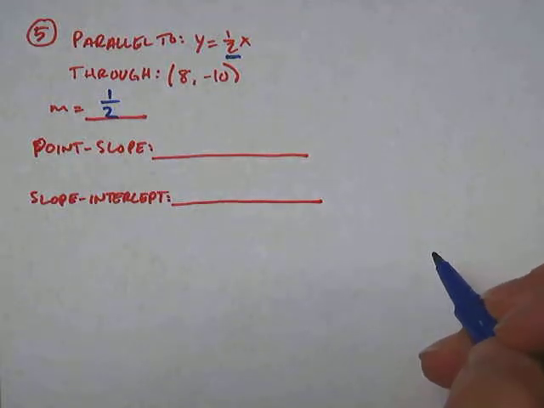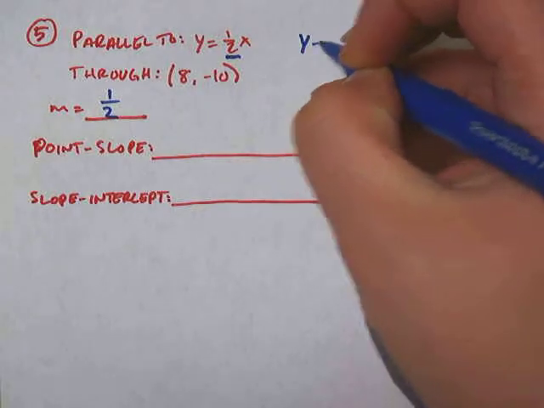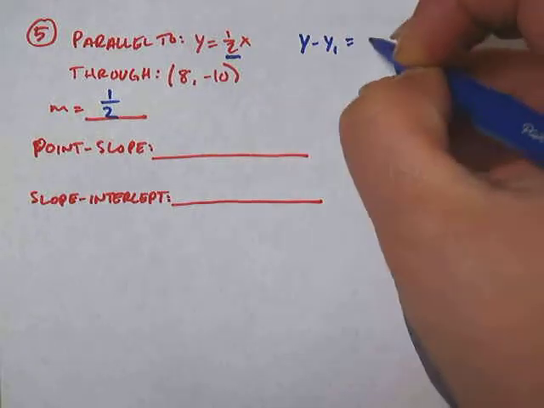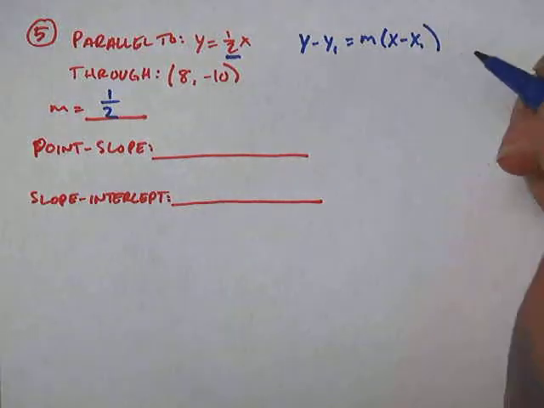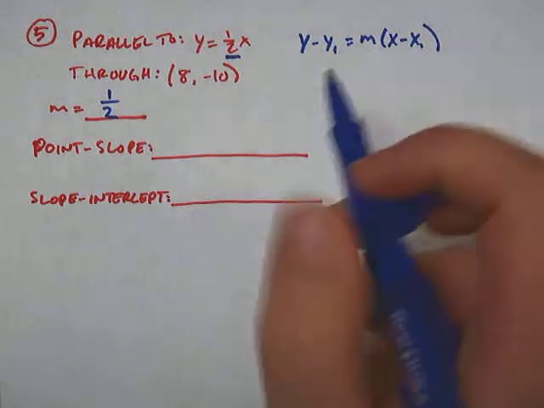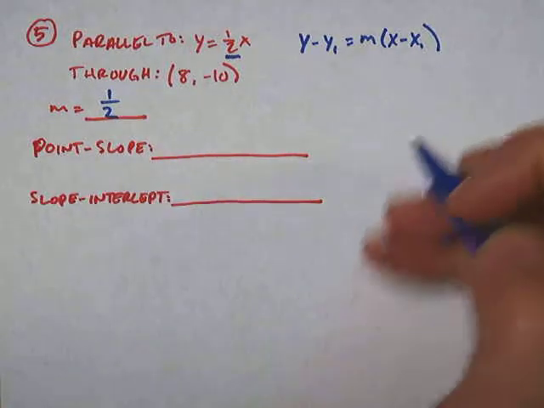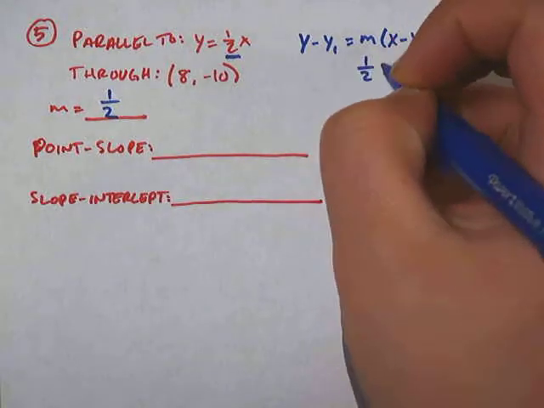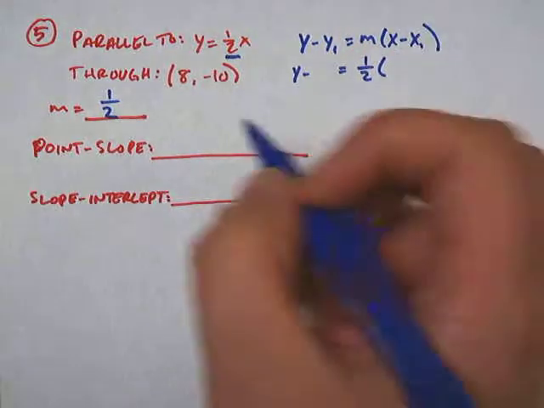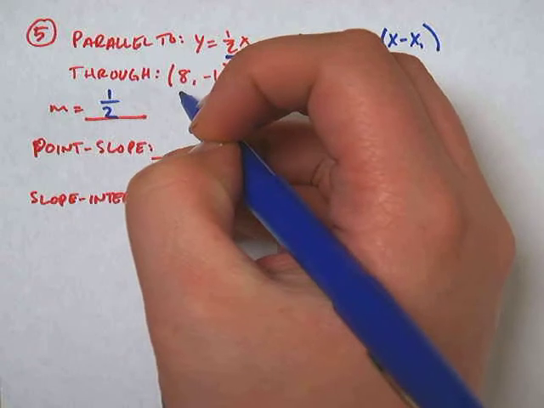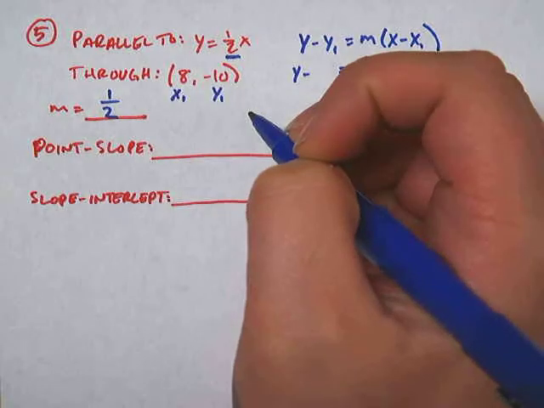Now we have to remind ourselves what is point slope form. So we have y minus y1 equals m times x minus x1. Alright, so we know that its slope is going to be 1/2, so we can plug that in for m. And we also have this point here that it's supposed to go through. So we're going to call that x1 and y1.